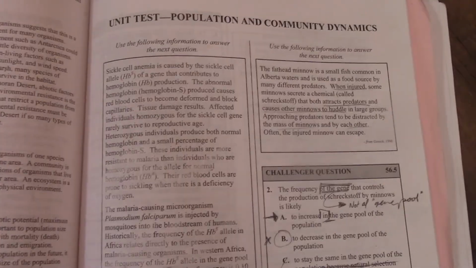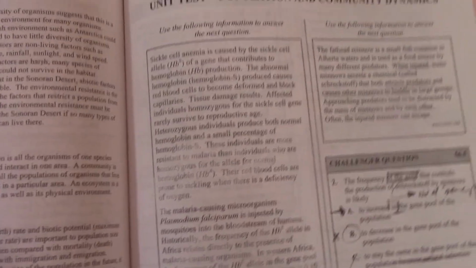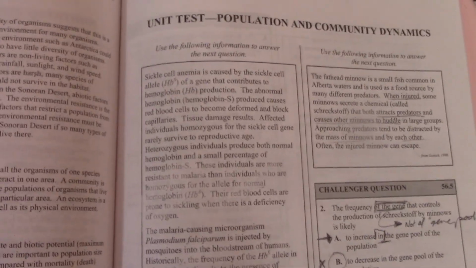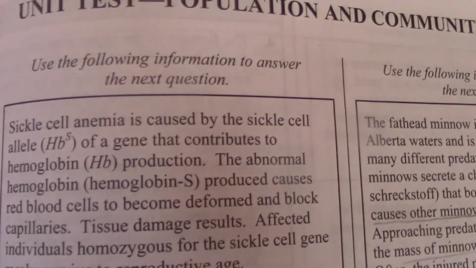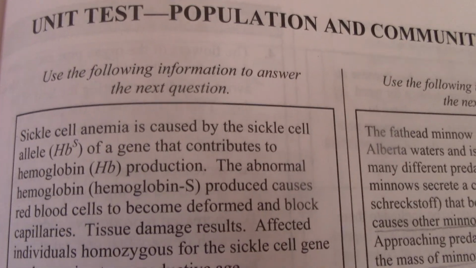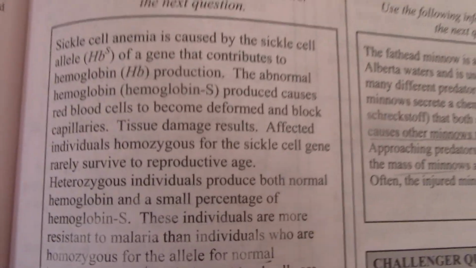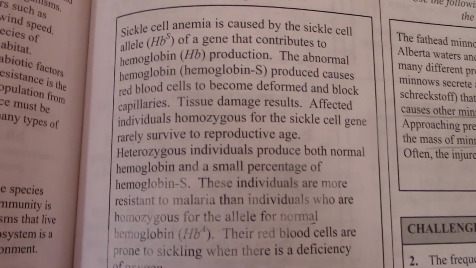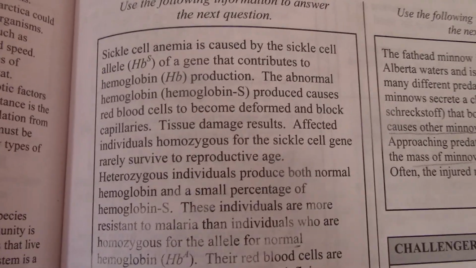Okay, again, another good Hardy-Weinberg question. Sickle cell anemia is caused by the sickle trait HBS on a gene that contributes to hemoglobin production. The abnormal hemoglobin produced causes red blood cells to become deformed and block capillaries. Tissue damage results.